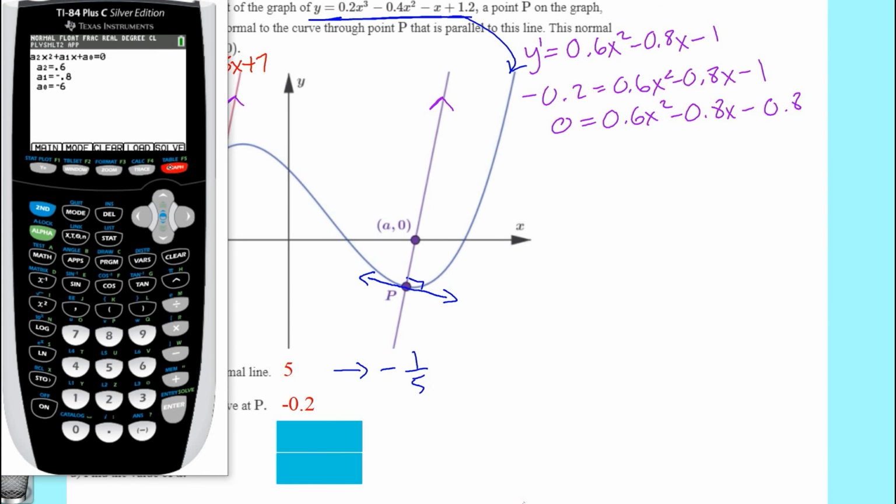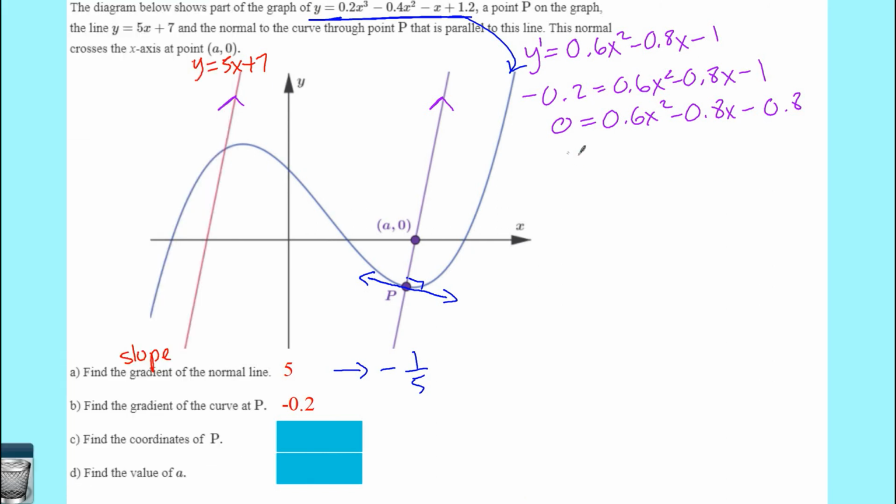Next, we have 0.6, negative 0.8, and negative 0.8. We're going to solve, and we get 2 and negative 2/3. So x can either be 2 or negative 2/3.